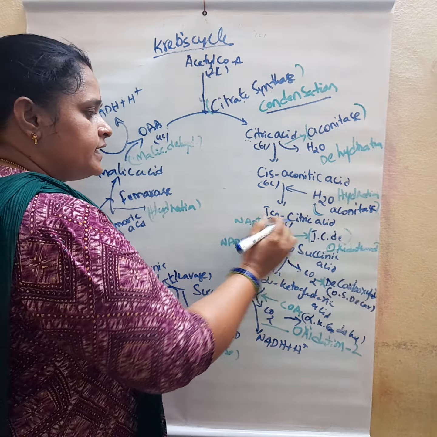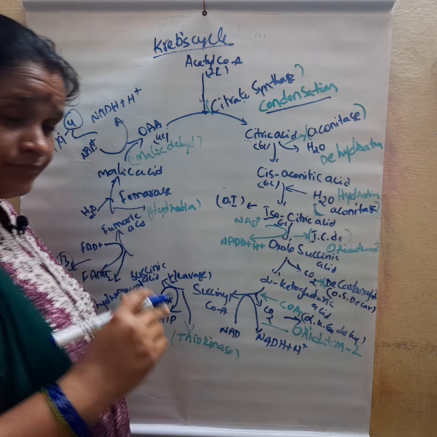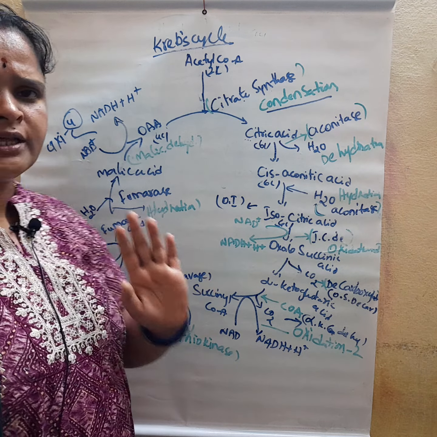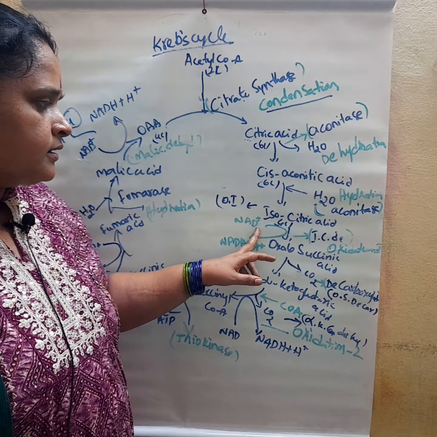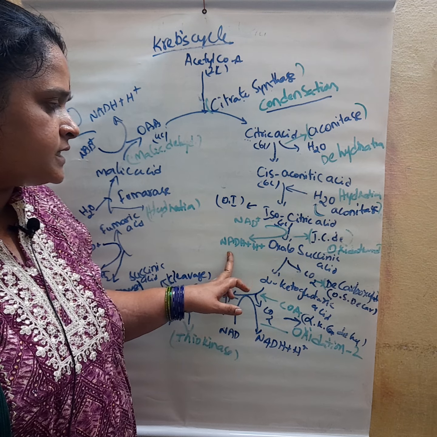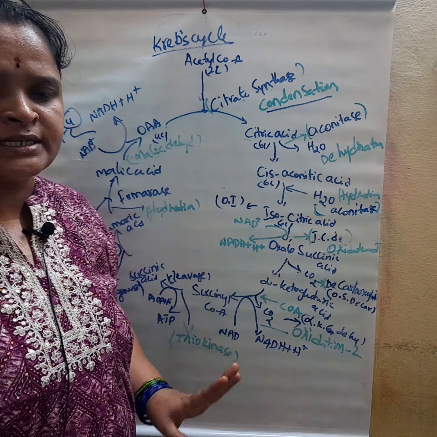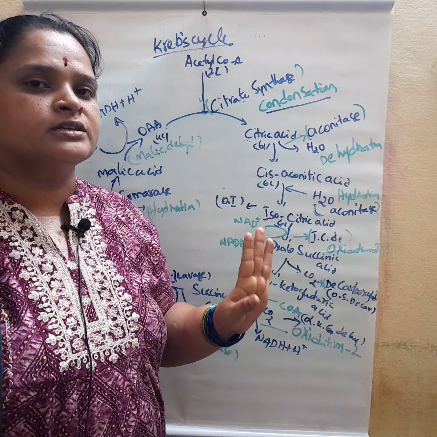Now this isocitric acid undergoes the first oxidation in the Krebs cycle, oxidation 1. Where there is an oxidation, there is generation of NADH. NAD is converted into NADH in the presence of the enzyme isocitric dehydrogenase. Whenever there is NADH, you simply write the dehydrogenase enzyme.